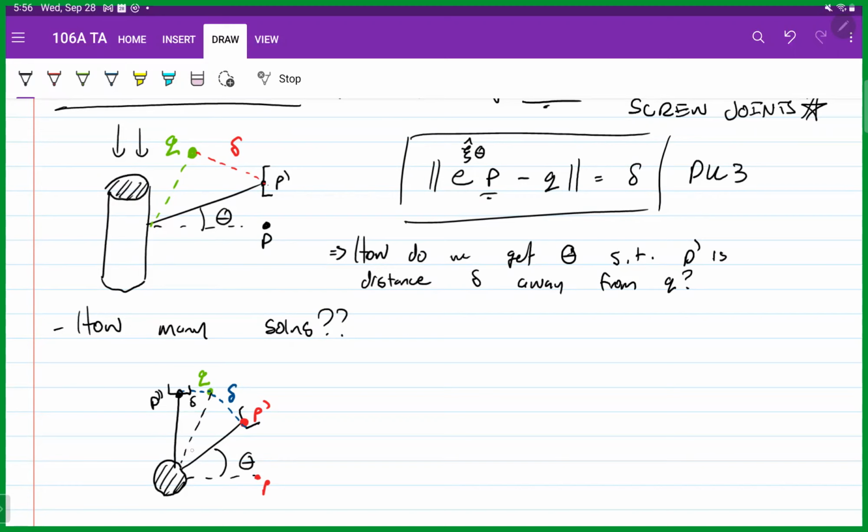So we can actually find a second angle, theta prime, that will take us to this other point, which is also a distance delta away from Q. Because we can always be symmetric about this point that we're aiming for, we can get two solutions when we have a point that looks a little bit like this. So symmetry gives a maximum of two solutions.